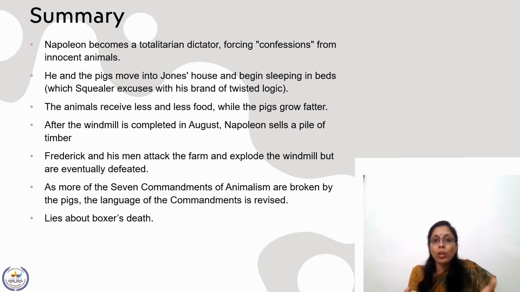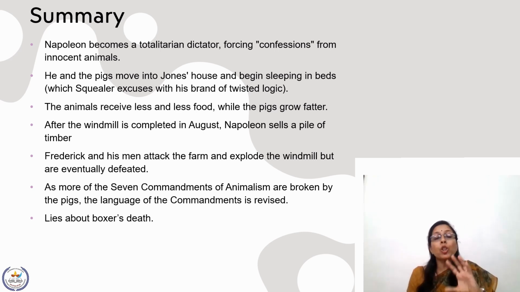as he got injured during this battle of the windmill, he is not keeping well, and the windmill has been destroyed. So they need to rebuild the windmill. And Boxer says again, I will work hard. This is the maxim of Boxer, that I will work hard, and Napoleon is always right. So he works even harder, even in his injured condition. He works harder, and ultimately he collapses to his injuries.